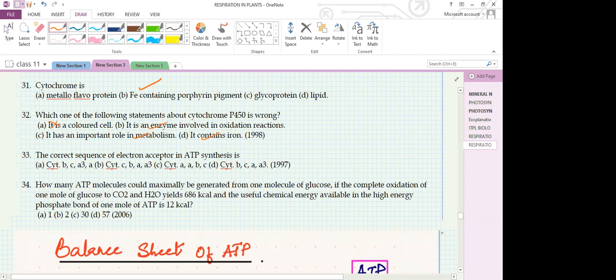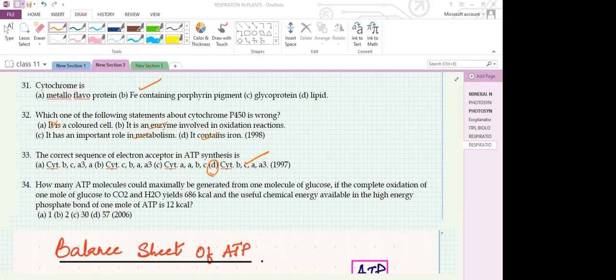In aerobic respiration, there is oxidation of reduced coenzymes. All those which are reduced should get oxidized. How does it happen? By molecular oxygen.